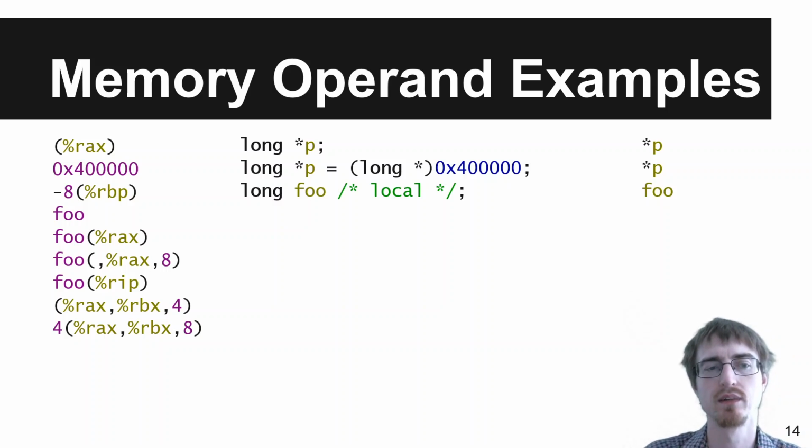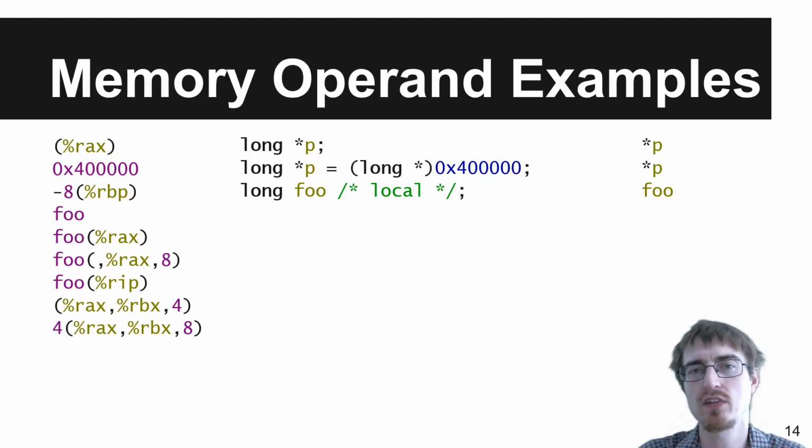Now the next one, -8(%rbp). We take the base pointer and subtract 8 bytes, and then we dereference this. Now this, we will see later, is exactly how you normally reference a local variable. So in this case there must have been some local variable, let's call it foo for now, and that local variable is being accessed.